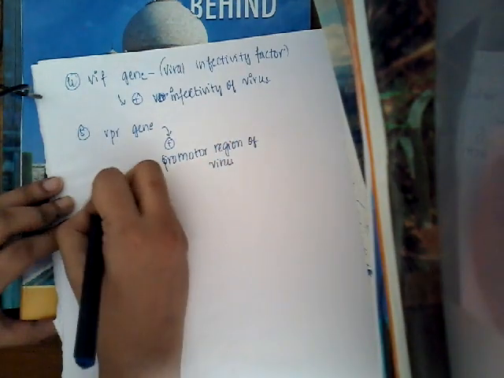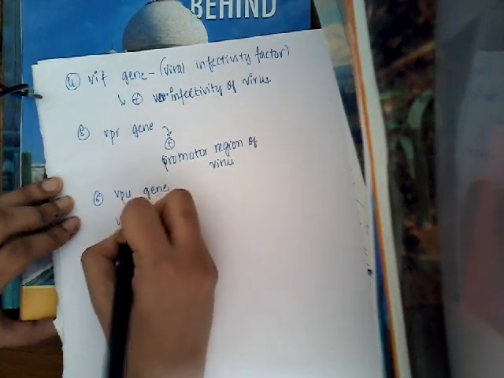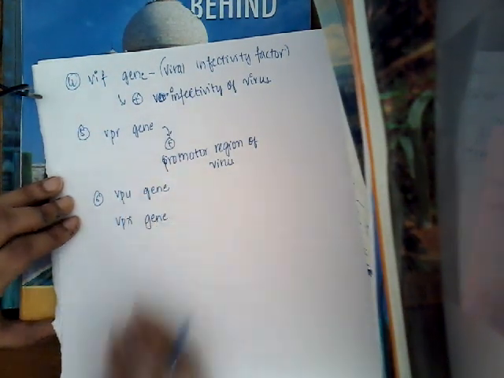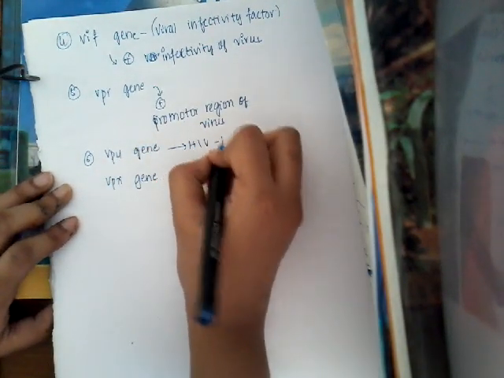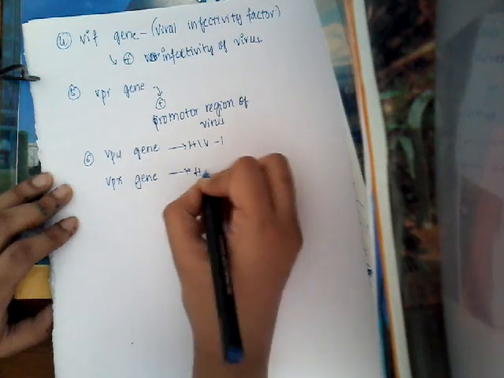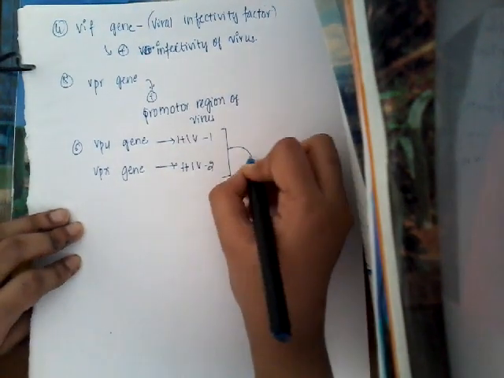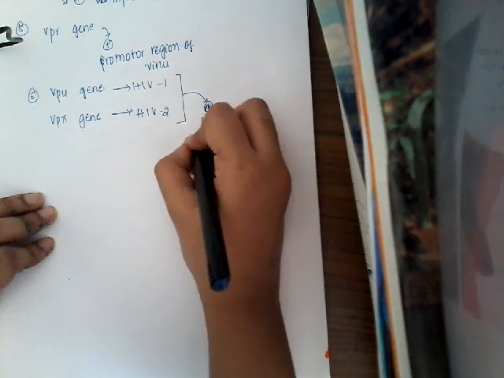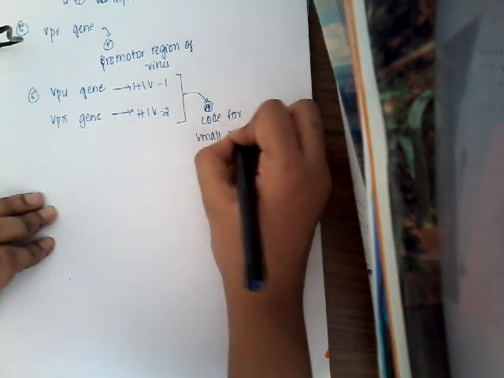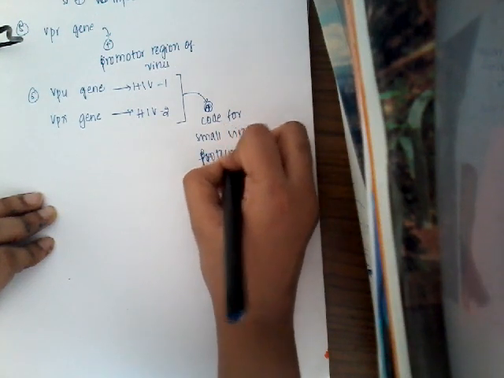The next important gene is the Vpu gene or Vpx gene. The Vpu gene is seen in HIV-1, whereas the Vpx gene is seen in HIV-2. Both of these code for small viral proteins whose function is unknown.